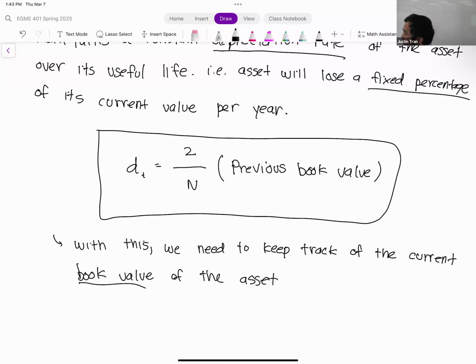Remember, we defined book value last time. Book value is just whatever value that the asset has on paper.